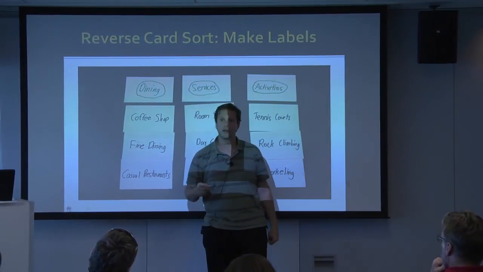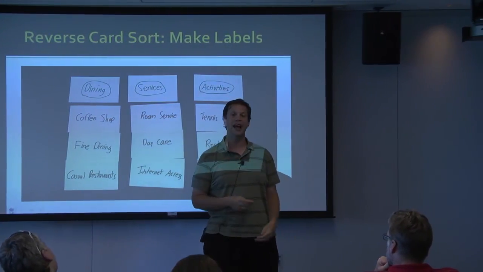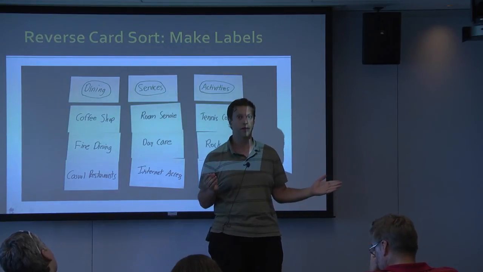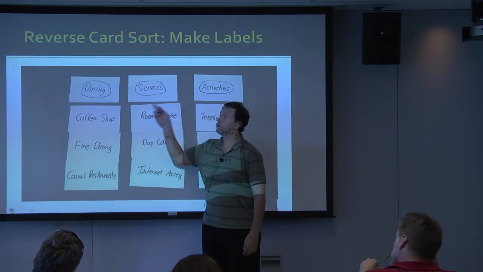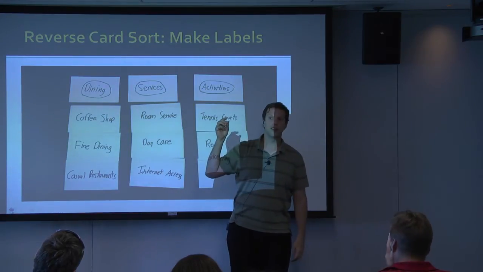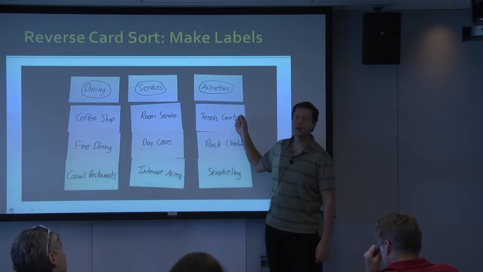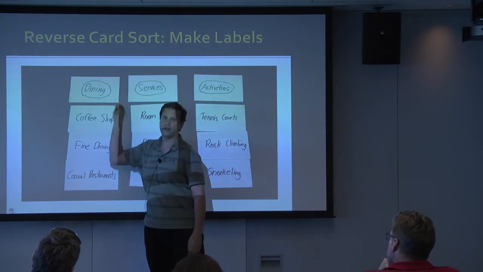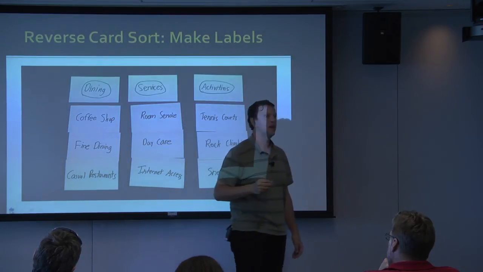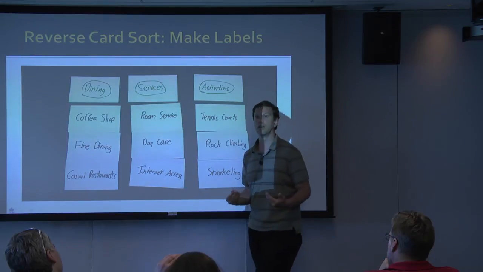Either you have an unclear label, and they didn't know what that label really meant, and in that case they'll have no idea what cards should go in that category. Or they'll have a card that doesn't really fit anywhere, so after a while they'll just stick it somewhere or set it off to the side. Or finally, they'll have trouble choosing between two different categories. And you watch them do this, so you see exactly where the problems with your design are.